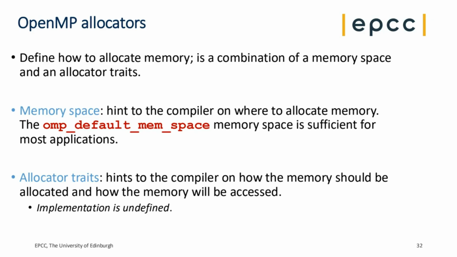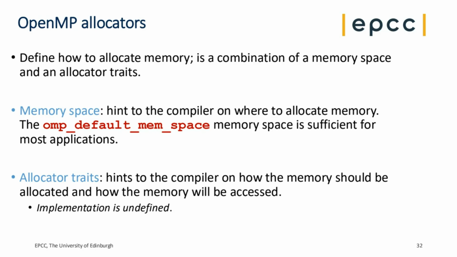You might want a memory space that has a high bandwidth or one that has a low latency. Those are different types of memory space that you may be able to use. Now, these are memory spaces that are defined in the OpenMP standard, but you would need to check whether or not they are supported by the compiler that you're using. So you would need to read the compiler manual just to be sure.